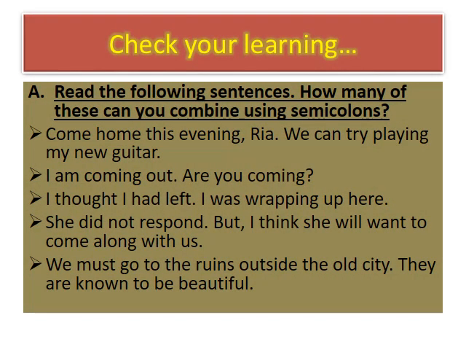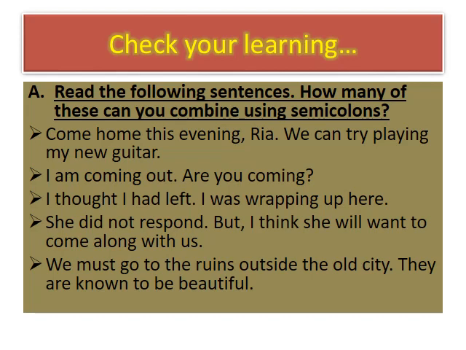Now it's the time to check our learning. There are 5 pairs of sentences. Students, you have to tell which of them can be combined by using the punctuation mark semicolon. I hope you have gone through all the sentences.